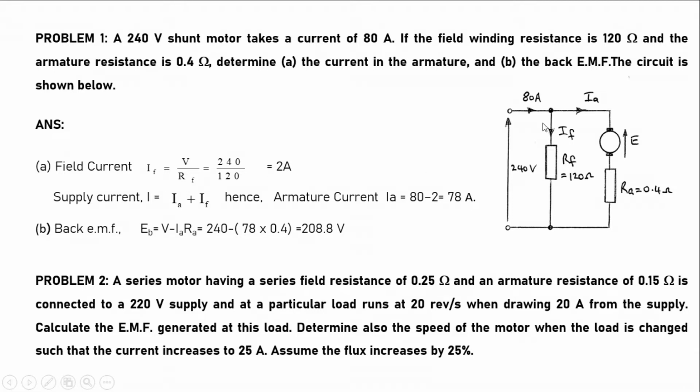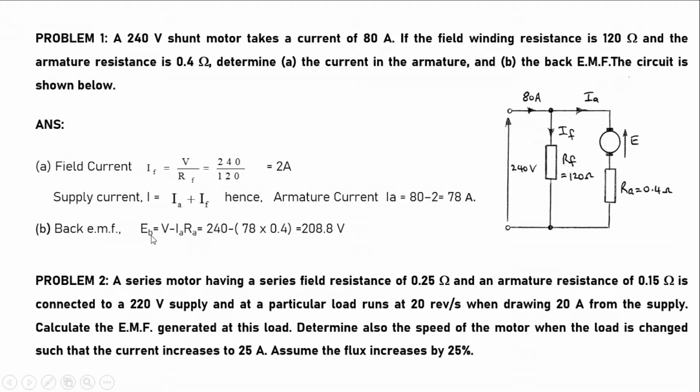IF is equal to V divided by RF. So what is voltage V? 240. RF, the shunt field resistance, has been given as 120 ohms. So from this we find 2 amps. Once we find IF is equal to 2 amps, we know that IL is equal to 80 amps, the given line current. We can find out IA is equal to 78 amps.